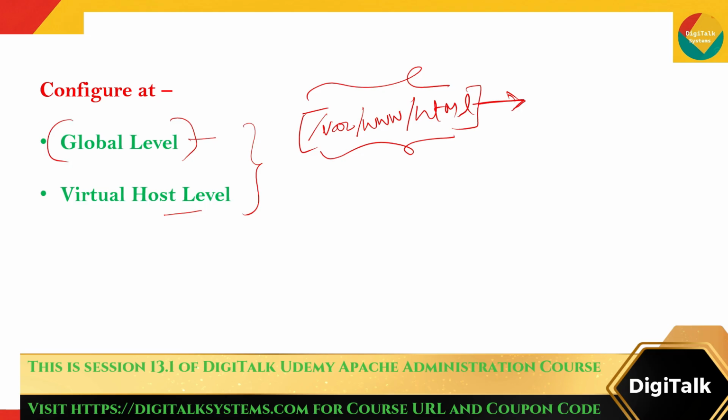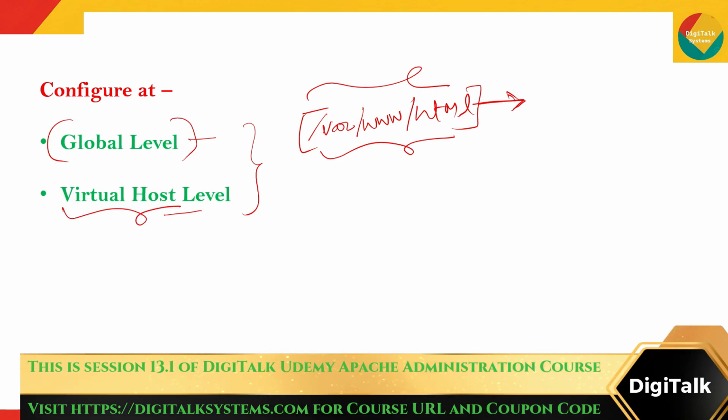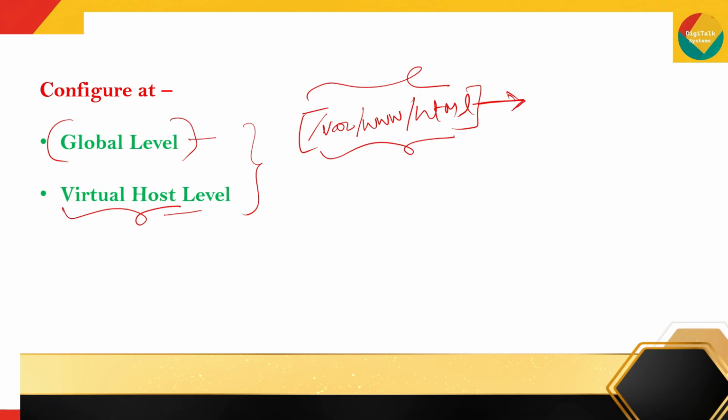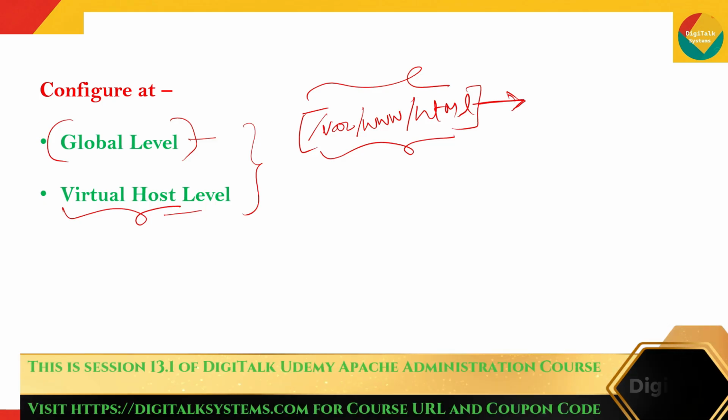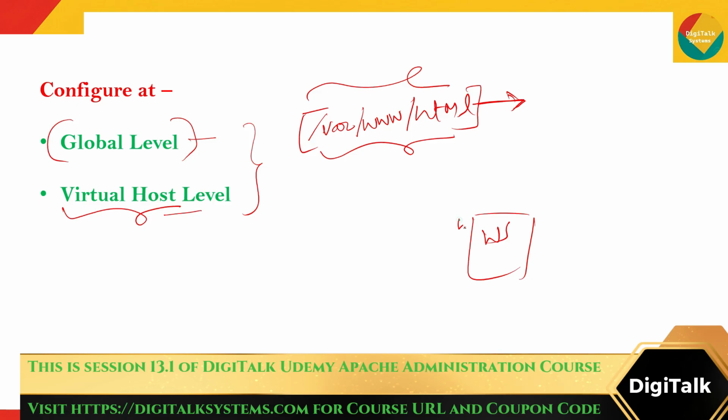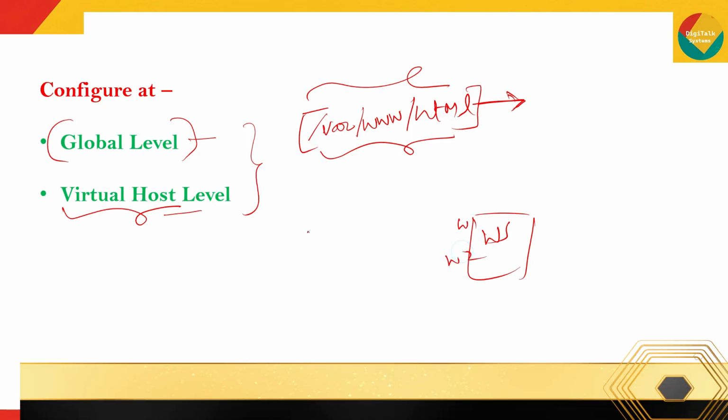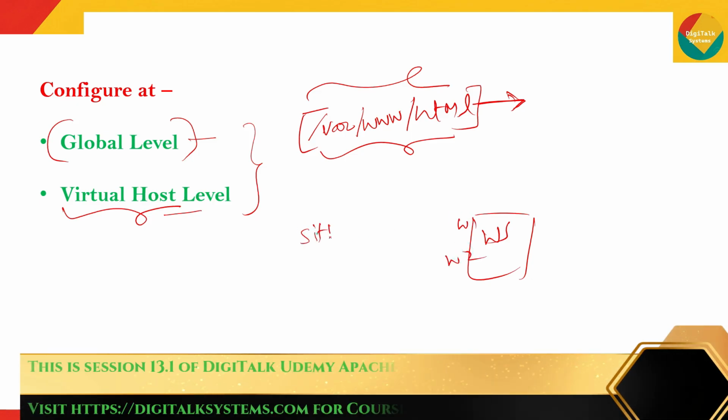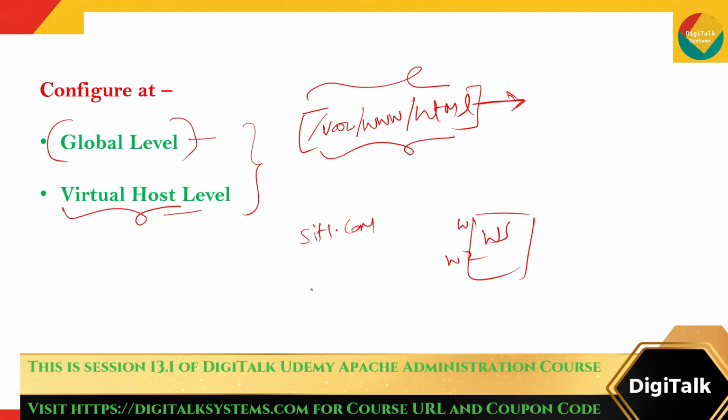Now, apart from that, what we have learned in the virtual host is that we can configure multiple websites on the same web server. For example, we have deployed two websites here, website 1 and website 2. The DNS for website 1 is site1.com, which we saw as an example in the virtual host session, and for the second website we have site2.com.